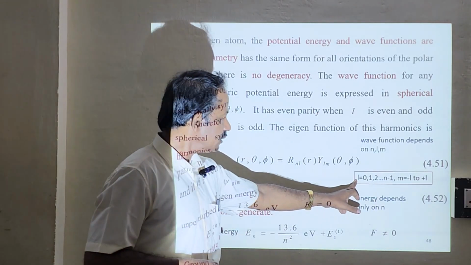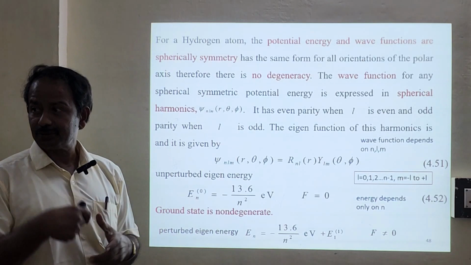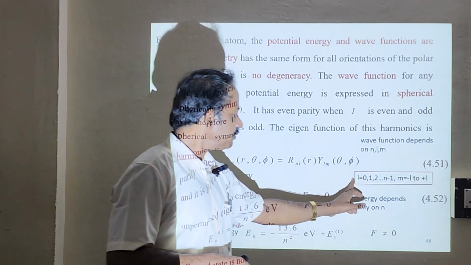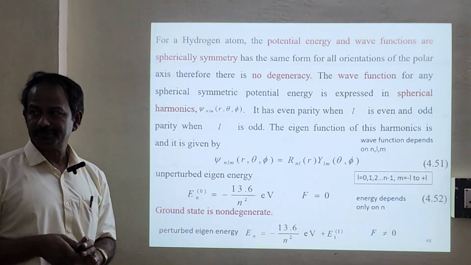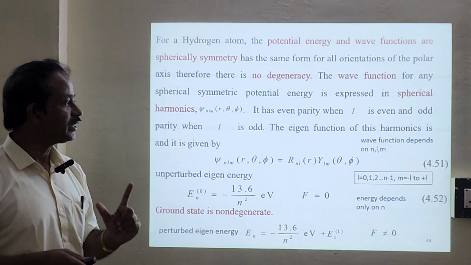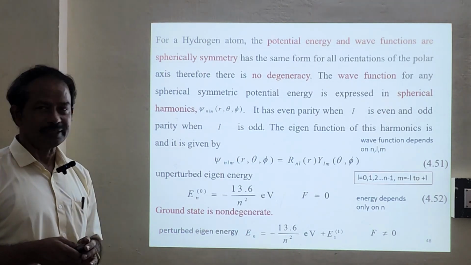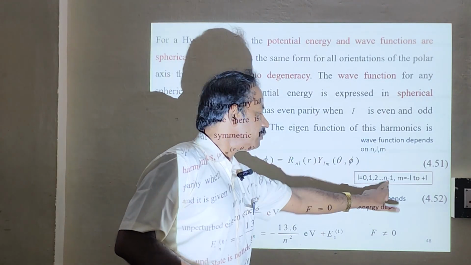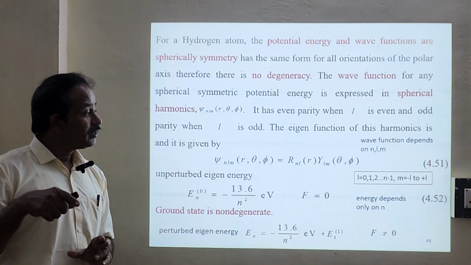The connection between all three is given by this. Look here. l goes from 0, 1 up to n minus 1. The connection between l and m is minus l to plus l through 0. Suppose, for example, we go with n equals 1. What is the value of l?